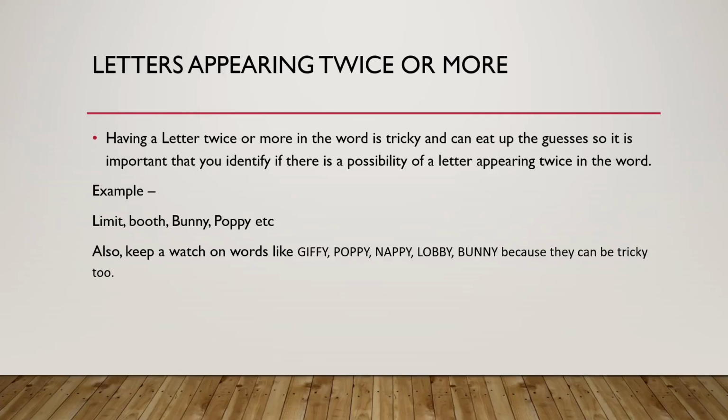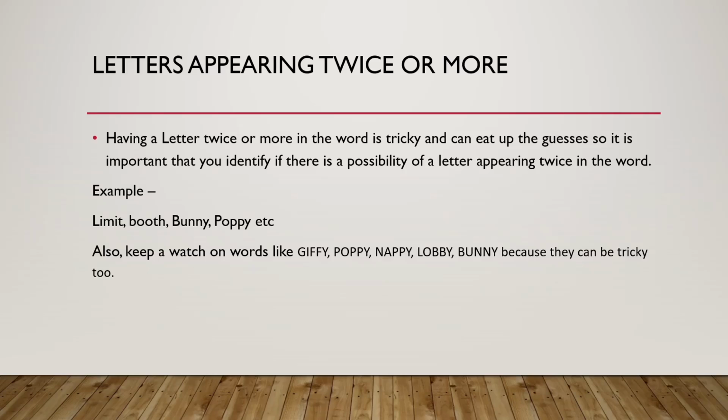Sometimes after using all the 19 letters, you end up with only 2 or 3 letters which are present in the word. In that case, you have to see which of the ones found have a possibility of being twice or more in the word. Having a letter twice or more in the word is tricky and can eat up your guesses.